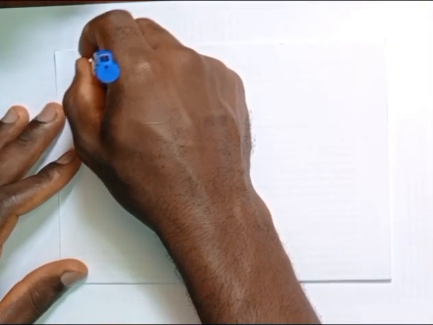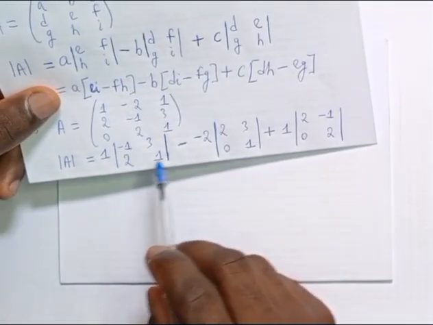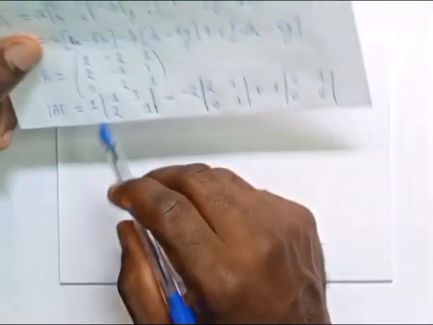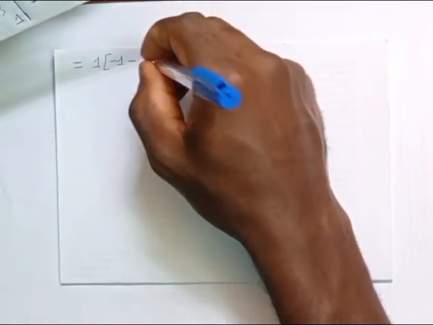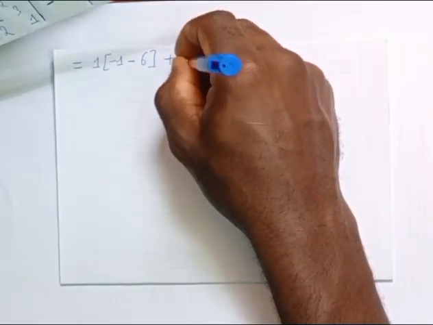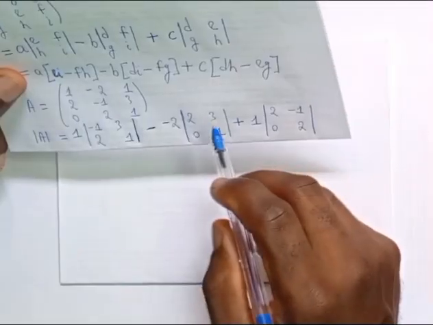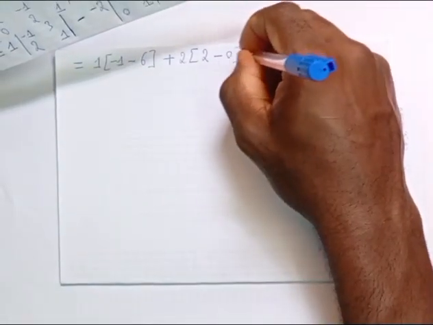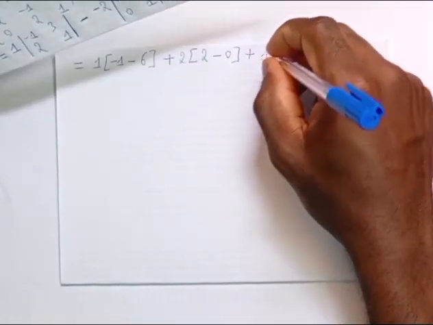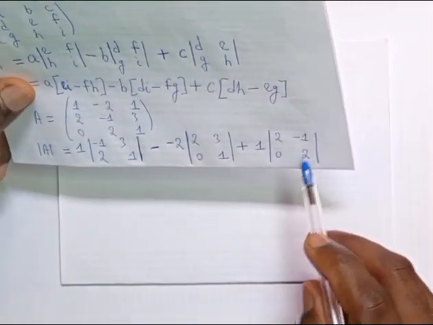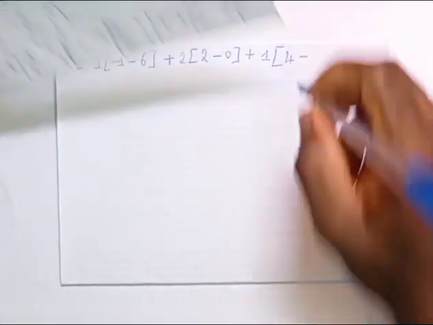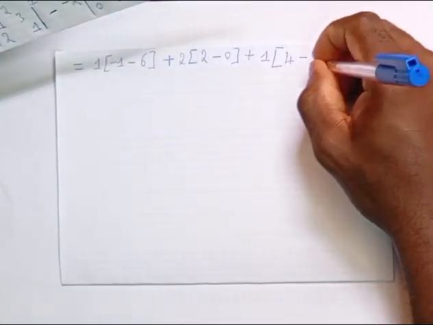This will simply be equal to 1 times the determinant of this 2 by 2 matrix is simply -1 times 1, which is -1, minus 3 times 2, which is 6. These negative signs become positive, plus 2 times 1 remains 2, minus 3 times 0, which is 0, plus 1 times 2 times 2, which is 4, minus -1 times 0, which is 0.